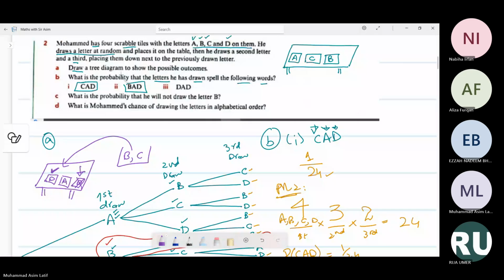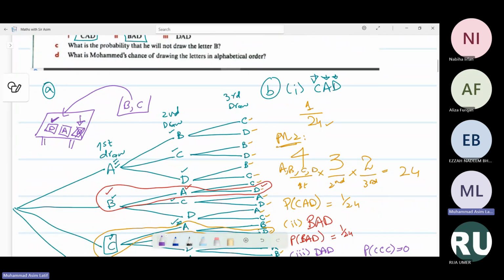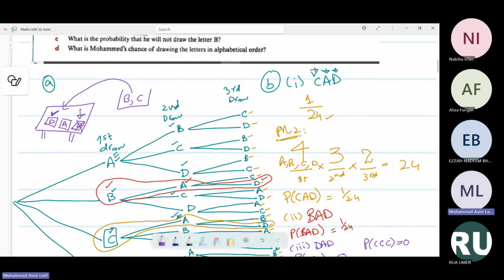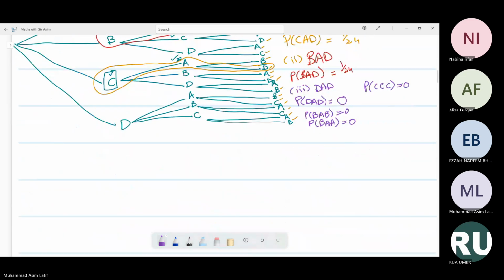Okay, for part C, what is the probability that he will not draw the letter B? He will not draw the letter B. Let's check out the possibilities. Probability not a B. So what possibilities we have got?